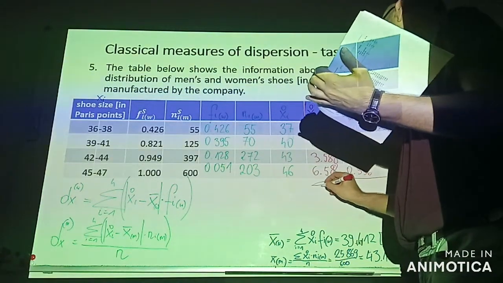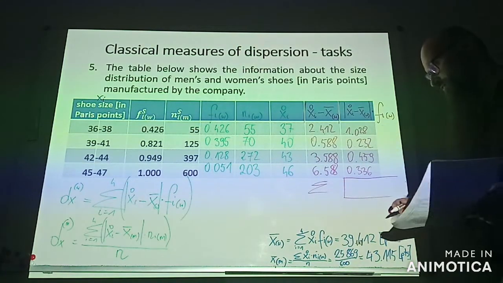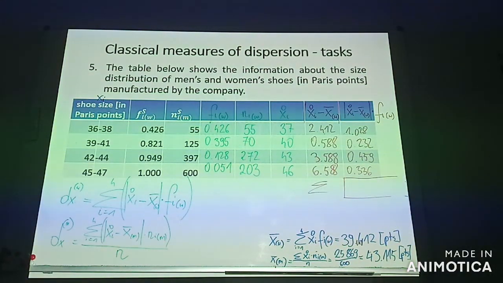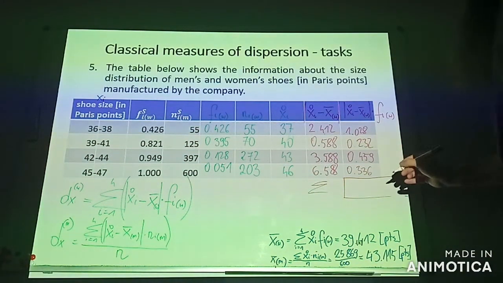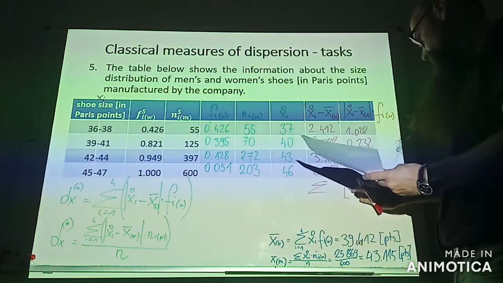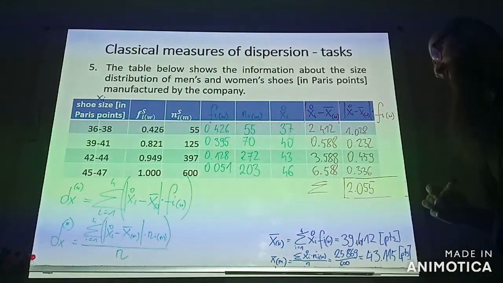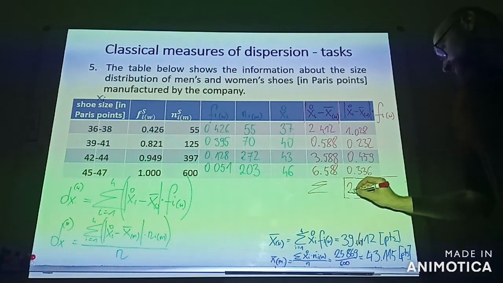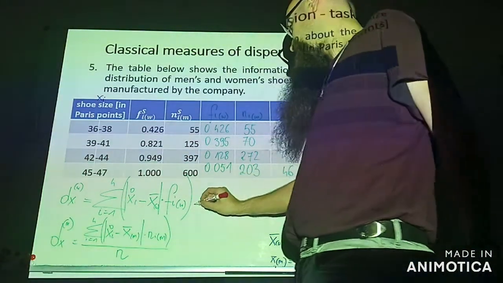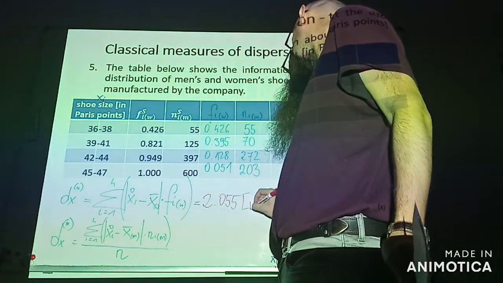So I need the sum of the values from that column. The sum is equal to 2.055, and actually this is the final result, 2.055 points.